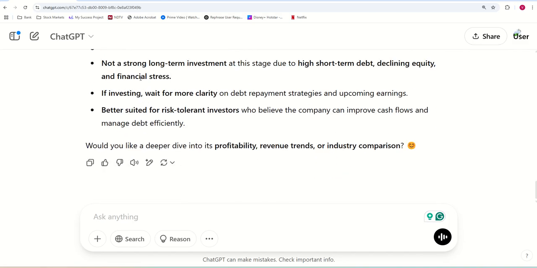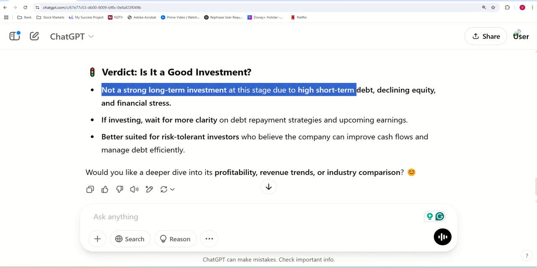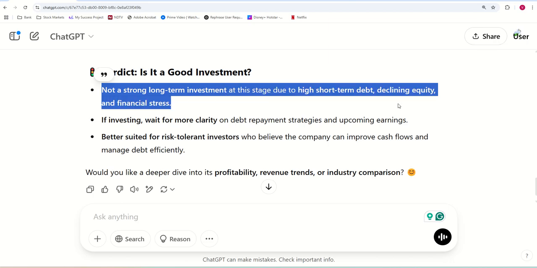Verdict. Okay, verdict. You can see: not a strong long-term investment at this stage due to high short-term debt, declining equity, and financial stress. For a completely naive person who wants to do long-term investment, what more do you need from this? You have everything put in front of you.